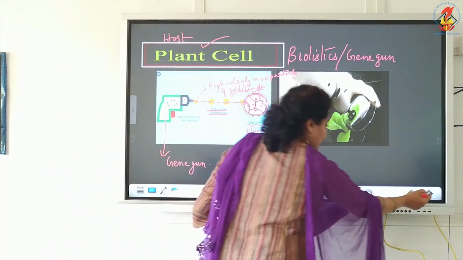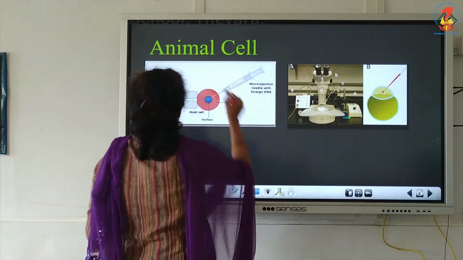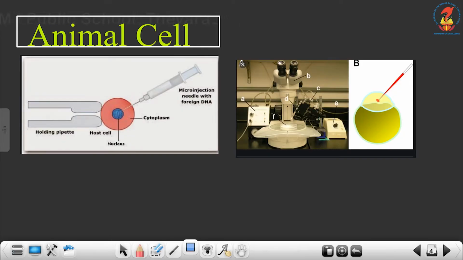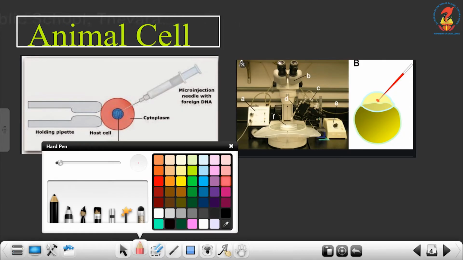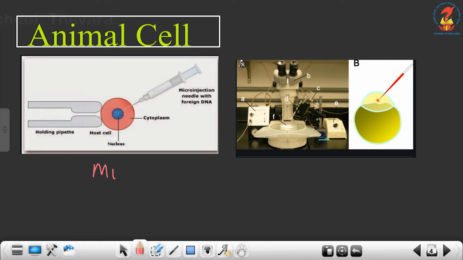On the other hand, if the animal cell is the host, the technique is micro-injection. In micro-injection, the foreign DNA or the gene of interest is directly injected into the nucleus of the animal cell.